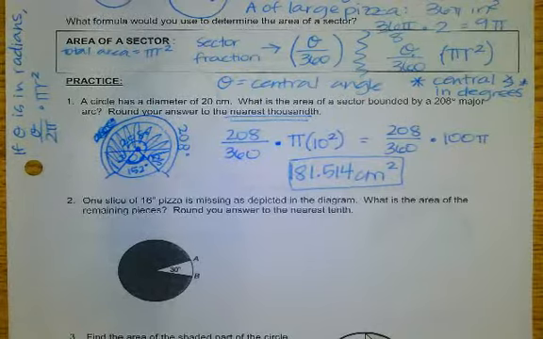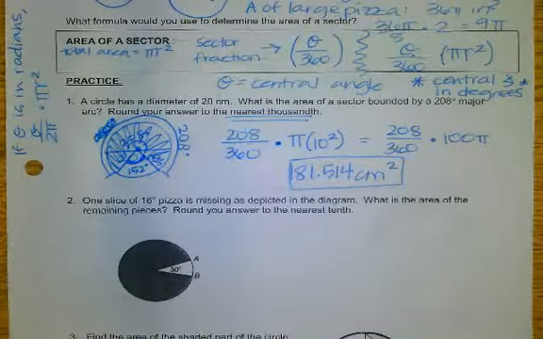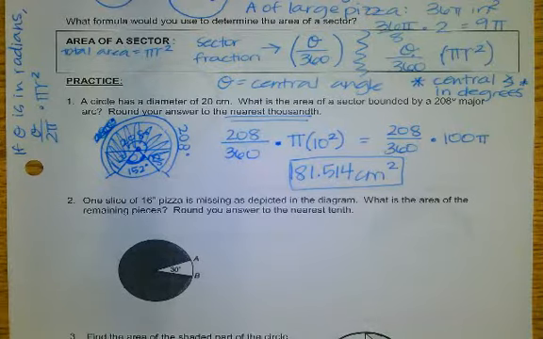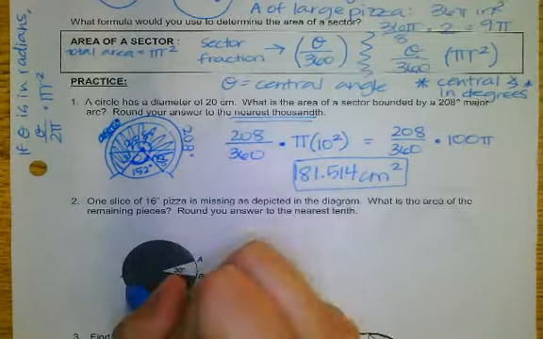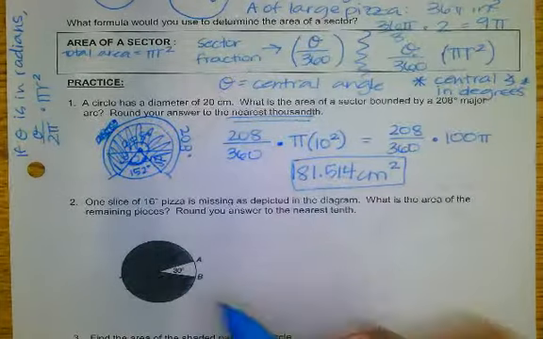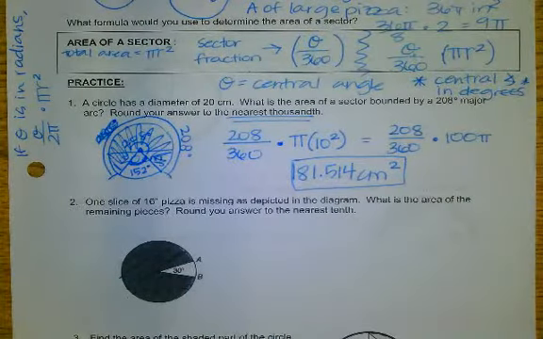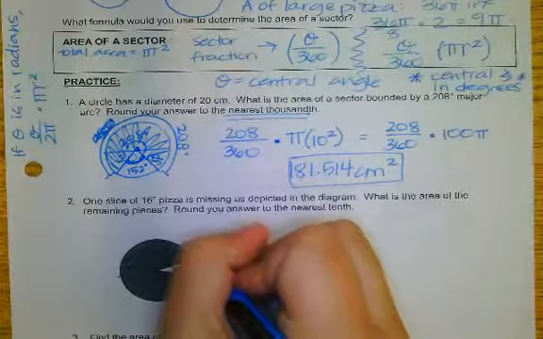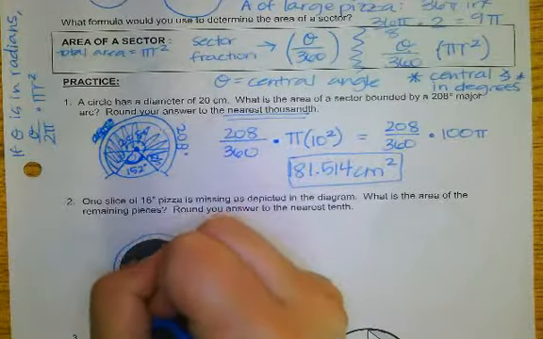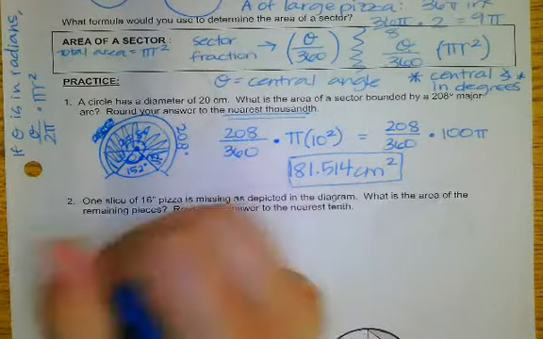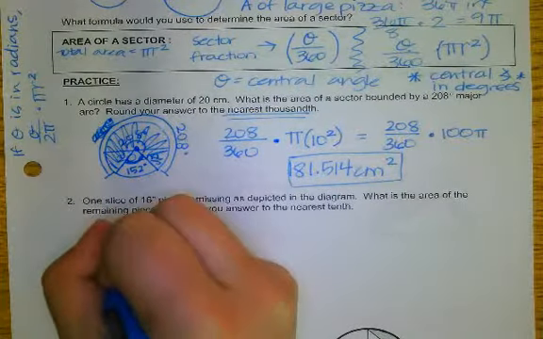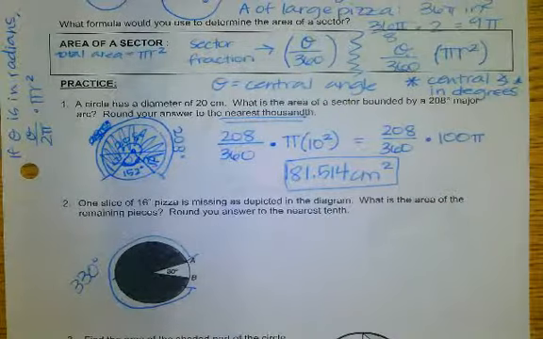Number 2. One slice of a 16-inch pizza is missing as depicted in the diagram. What is the area of the remaining pieces? So the shaded part. Round your answer to the nearest tenth. What would be our central angle that represents the shaded part? 330. Do we agree? 30 degrees does not represent the shaded part.